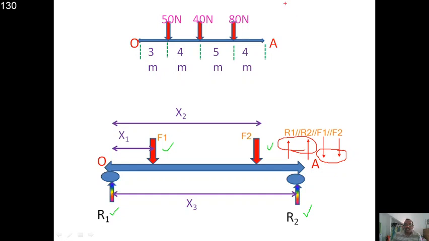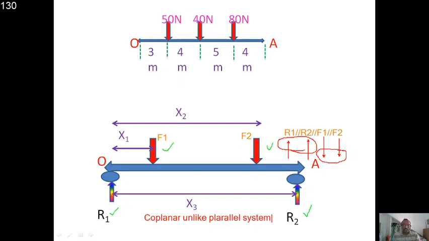Hence, this type of system is known as the coplanar unlike parallel force system.